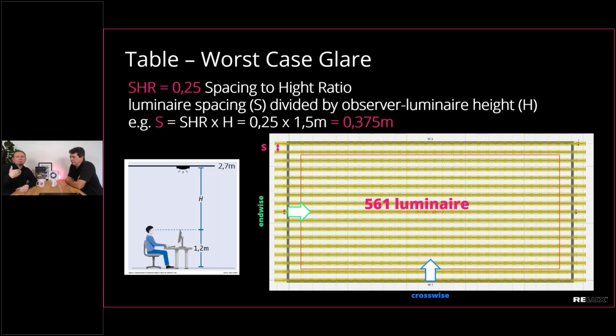By creating the CIE 117, which was the base for this, they found they needed a more worst case scenario than in the past, and so the CIE 117 defines it as 0.25. In our application, we can also switch the spacing to height to 1, but this is just for legacy projects. This has nothing in common with the normal standards today. So this is something legacy. So please do not use spacing to height of 1.